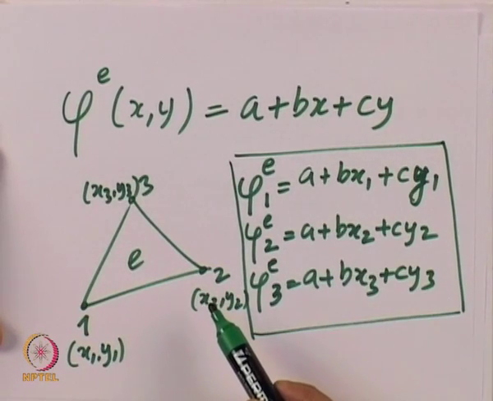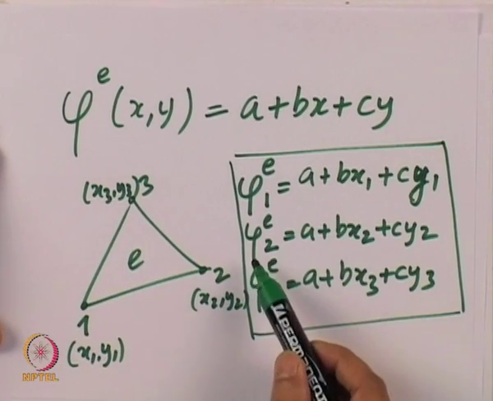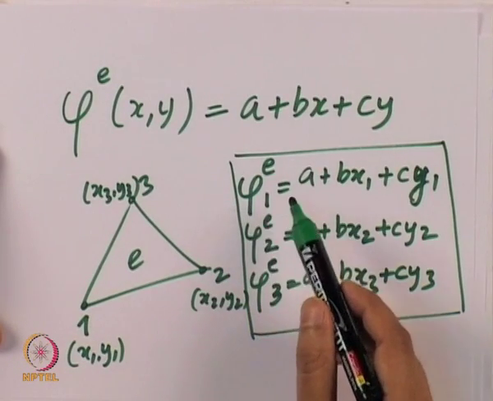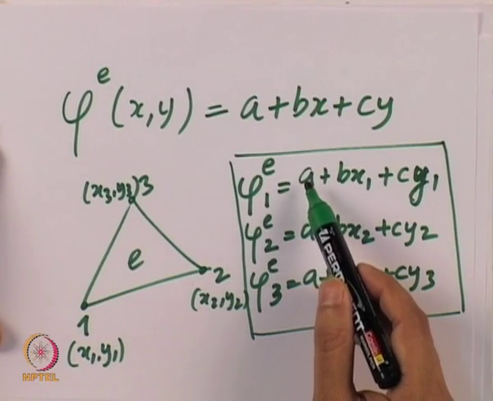What we are going to do now is write the entire thing as a weight multiplied by the basis function.